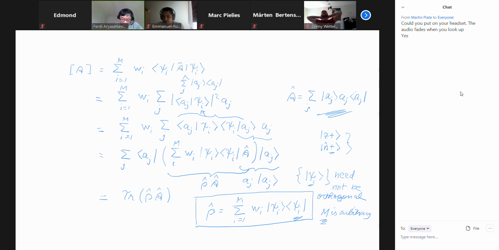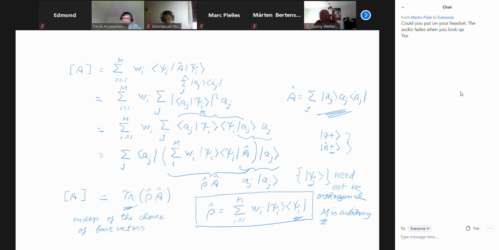And another interesting thing about this ensemble average is that it's a trace. So when we take the trace, it is independent of the choice of the basis of base vectors.